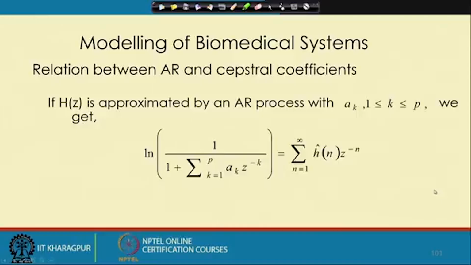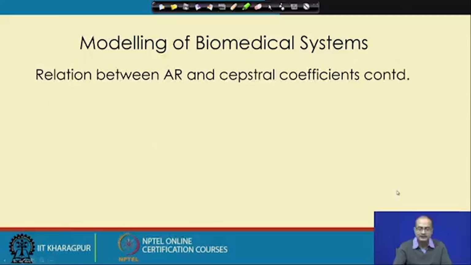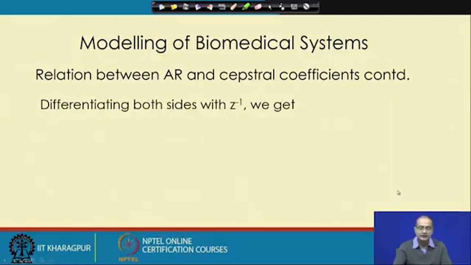For that, on the left-hand side, in the log of H(z) that we have taken, we replace H(z) by 1 by A(z), and after that we can differentiate both sides with respect to z to the power minus 1, because the polynomials have powers of z to the power minus 1.